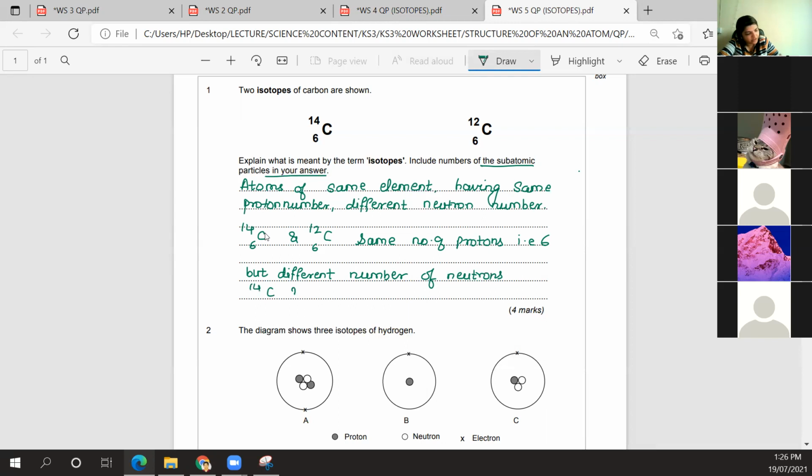Carbon 14 has neutrons equal to 8. The next one, carbon 12, will have neutrons equal to 6. So this gives the overall 4 marks.